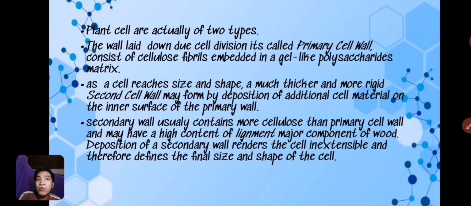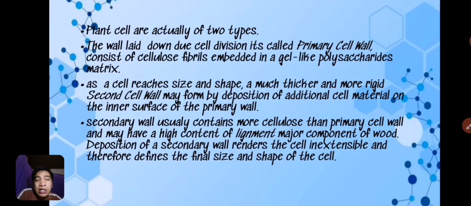Plant cells actually have two types of cell wall, no. We have a primary cell wall and a secondary cell wall. The primary cell wall is found in the outer part of the cell wall, and the secondary cell wall is found in the inner part of the cell wall.